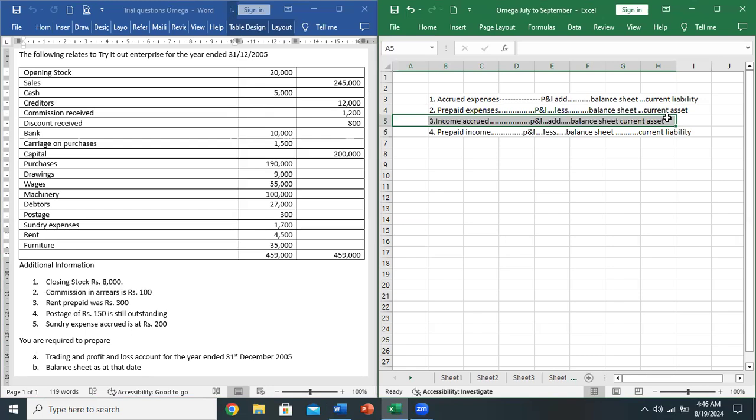Okay, so you should be able to determine that this is an income prepaid or income in arrears, etc. Otherwise, you may not be able to pass the appropriate adjustment. So the commission is an income. So an income in arrears, which is the same as income accrued, would have to be added in the profit and loss. And then in the balance sheet, we'll show it as a current asset.